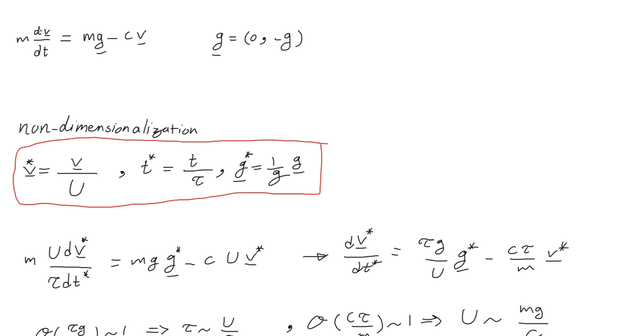So to do so, we can substitute v, this is a vector, with u v star. v star is non-dimensionalized. It doesn't have any unit or any dimension. It's a number. However, this u has a unit. Okay. So if you do that, we will get to this equation.